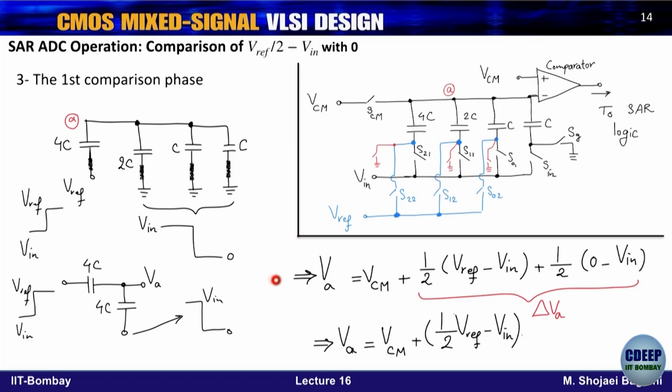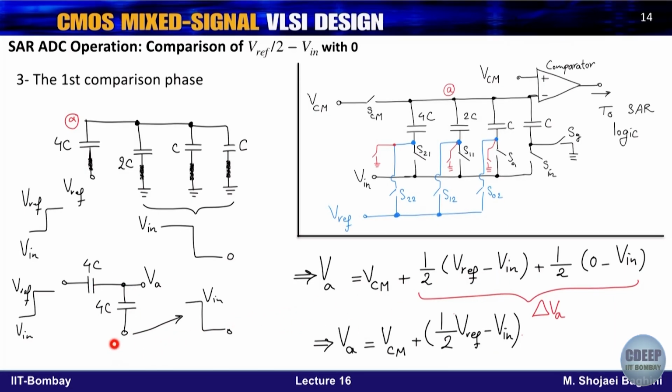So therefore, what would be VA? VA will be, because it's a linear circuit, just make a superposition. Common mode is the voltage which was already there, so we are not changing it. But now the difference at the input, or delta V, has become Vref minus V in. So it will be 1 upon 2 division.